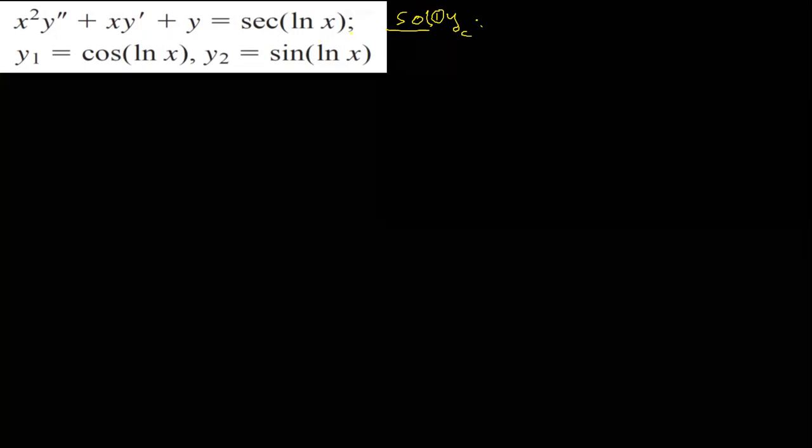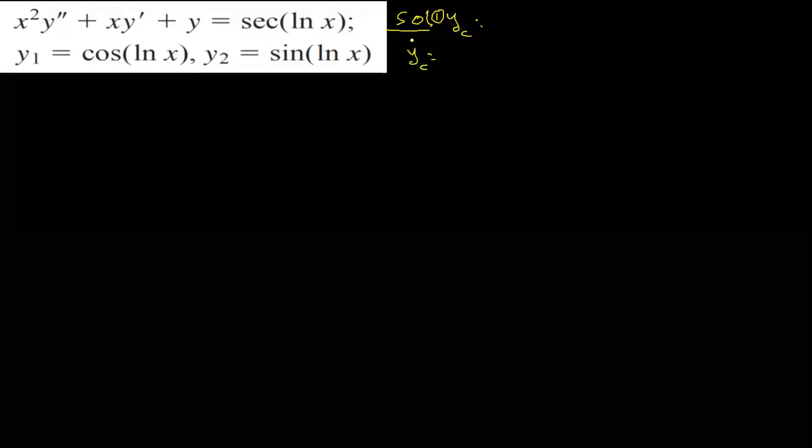So to solve it, I think the first step is to find yc. How to find yc? By solving the homogeneous equation. But now I can't solve the homogeneous equation because of the non-constant coefficients. Can anyone help with how to find yc?